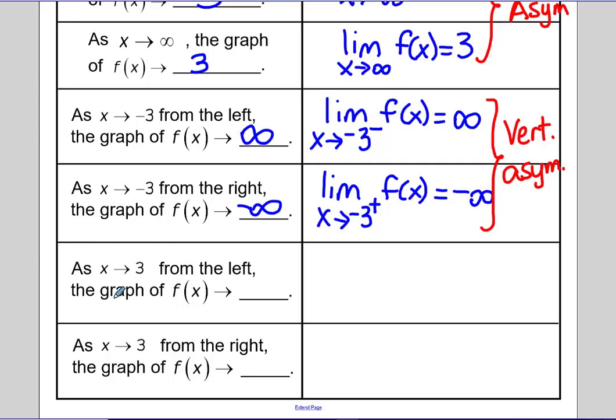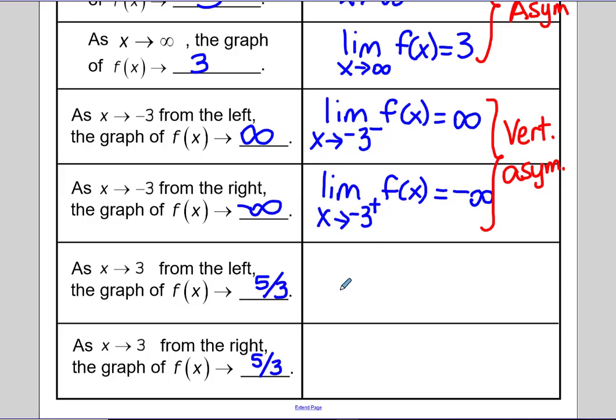And then finally, when x goes to 3 from the left, the graph of the function is heading to 5/3, even though it's not defined there. And as x goes to 3 from the right, the graph of f is heading to 5/3.